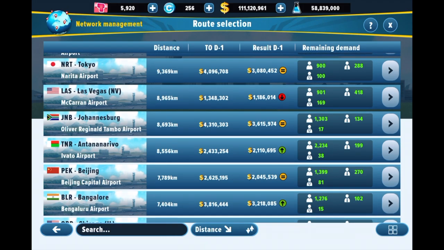So let's start with Las Vegas. Las Vegas has a good ratio for first class and the economy, so let's configure accordingly.